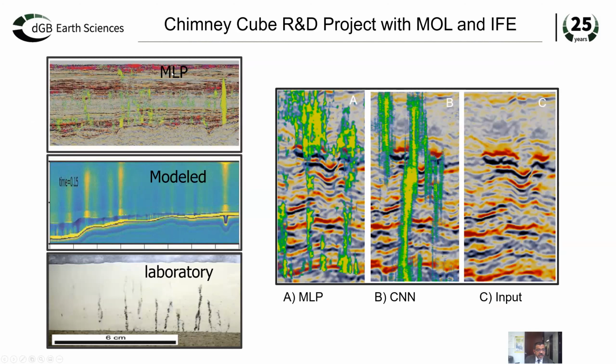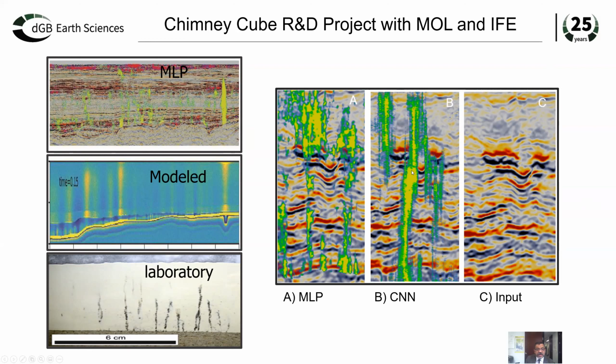The results again, these are the multi-layer perceptrons, which were the previous neural network showing the chimney. Now these are newly defined by the convolutional neural network on the same data set.